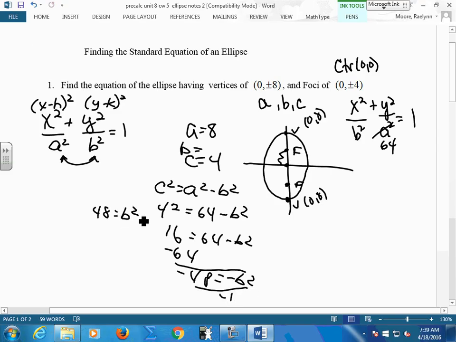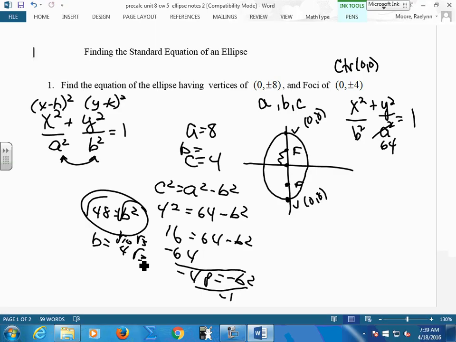Now, because you're making an equation, and you're going to have to square whatever B is, this is B squared. You can find B by taking the square root, and then you can break this down into 16 times 3. But you don't really have to do this, because when you plug B back in, you're going to square it.